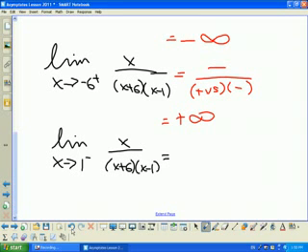As x approaches 1 from the negative side, the numerator is going to be a positive number. The first number here is going to be positive.